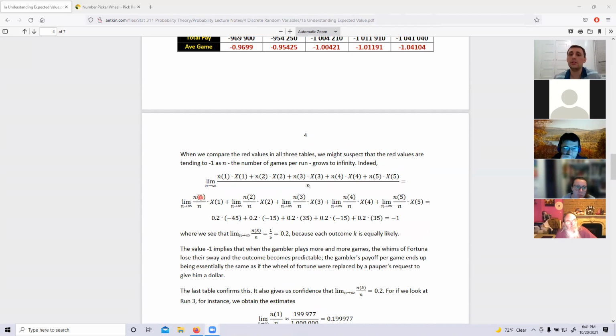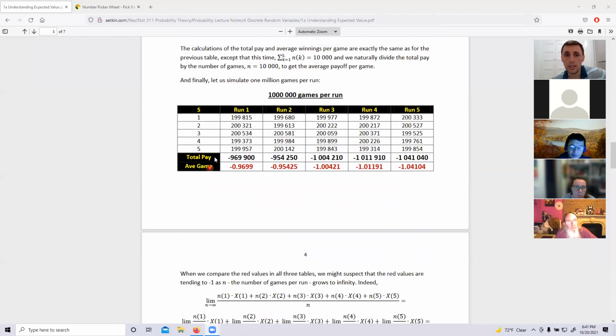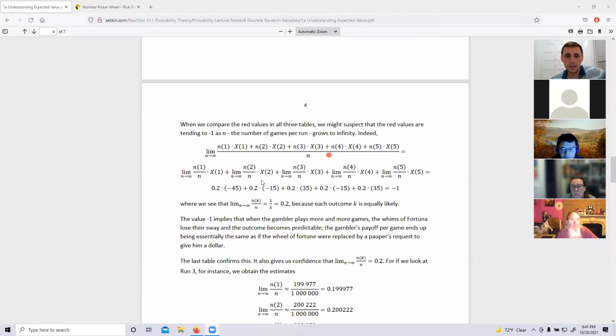Now, what's the probability limit of a wheel if the wheel is fair and has 5 sides? The limit has to be 1/5. You agree? We expect this limit to be 1/5, and that's why we see the number here. If you divide it by 1,000,000, it would look like 0.2, which is 1/5. So that's what I wrote over here. That's because the limit of nk over n is 1/5.